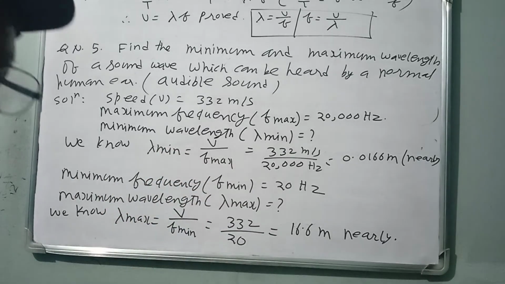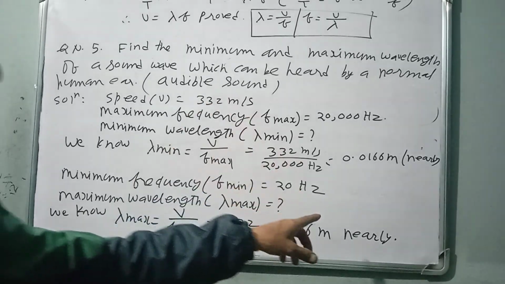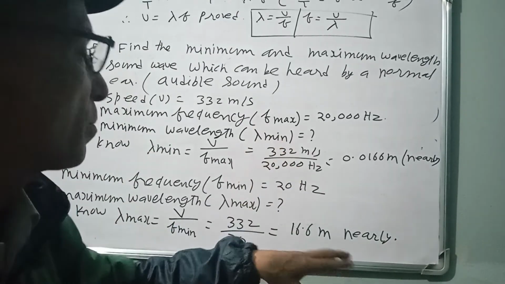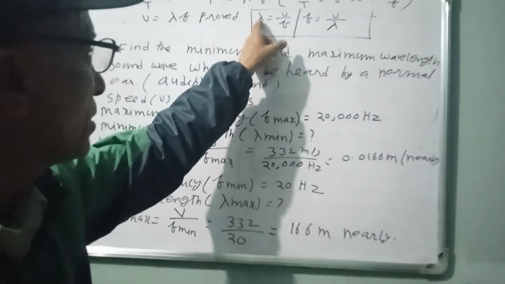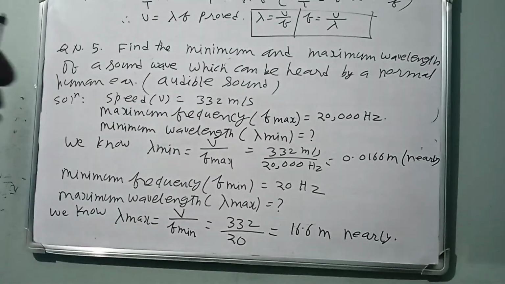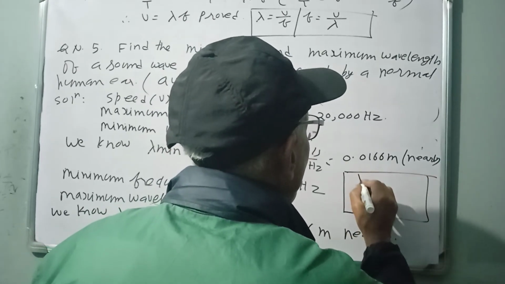So maximum frequency gives minimum wavelength, and minimum frequency gives maximum wavelength. Next time I will solve: if frequency is more, wavelength is less, and if frequency is less, wavelength is more. So frequency and wavelength are inversely proportional to each other. You have to know this. This relation is very important.